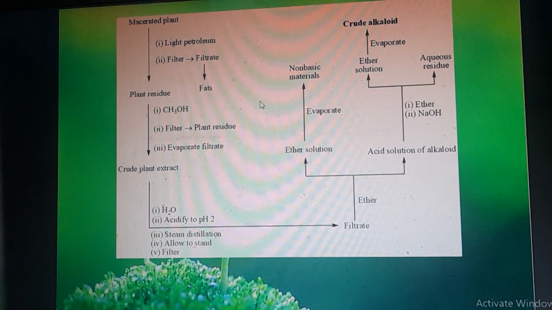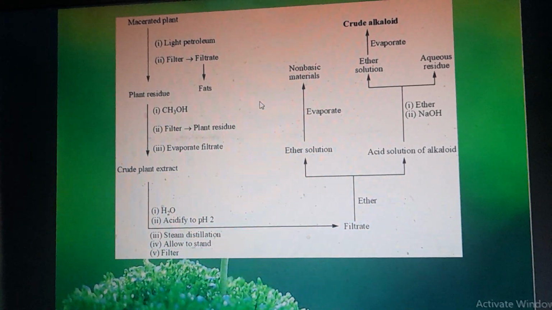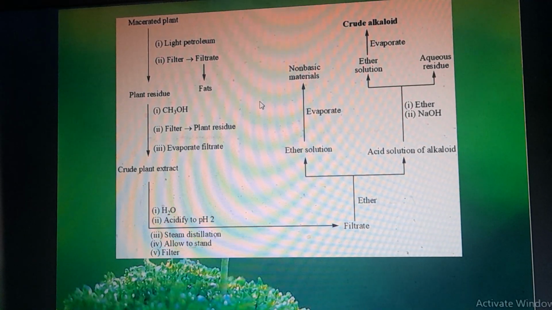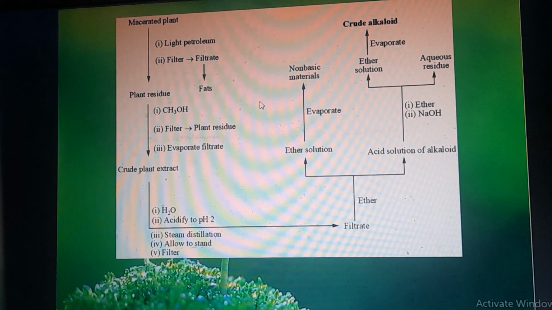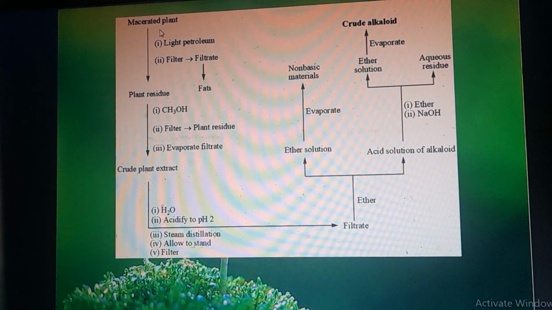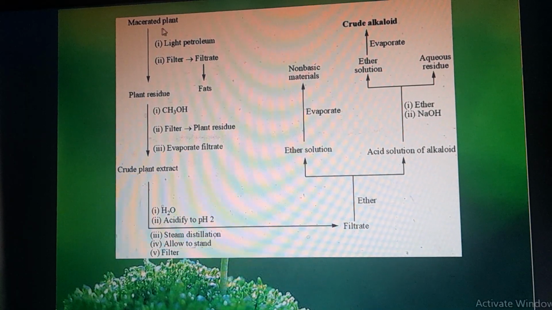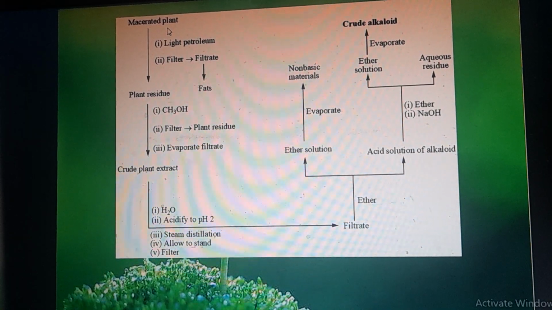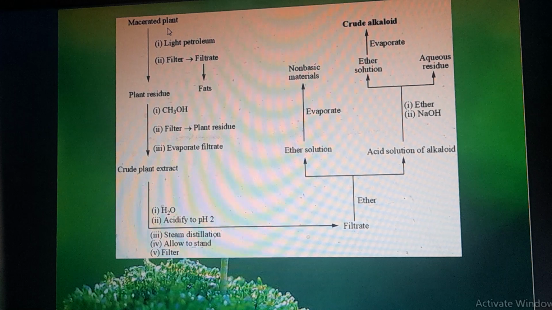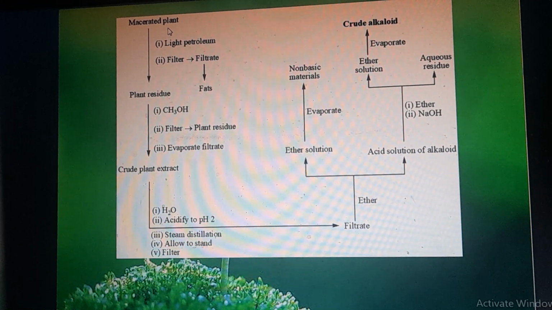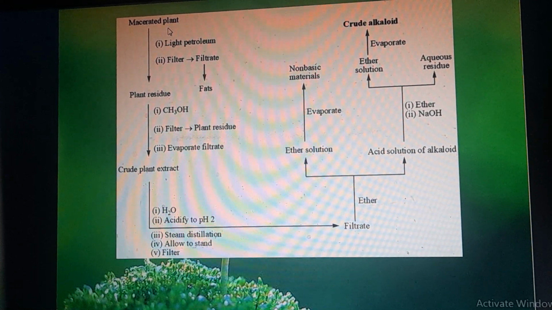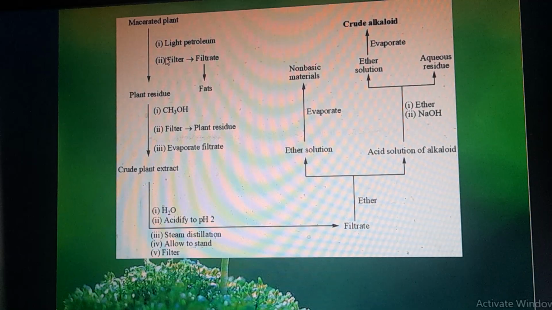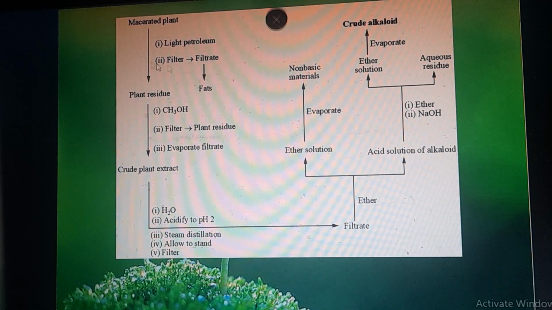So this is the roadmap. You can see how clearly you can extract the alkaloids from the plants, the vascular plants. Macerated plant: the macerated plants are nothing but plants soaked in water. Light petroleum filter and filtrate.